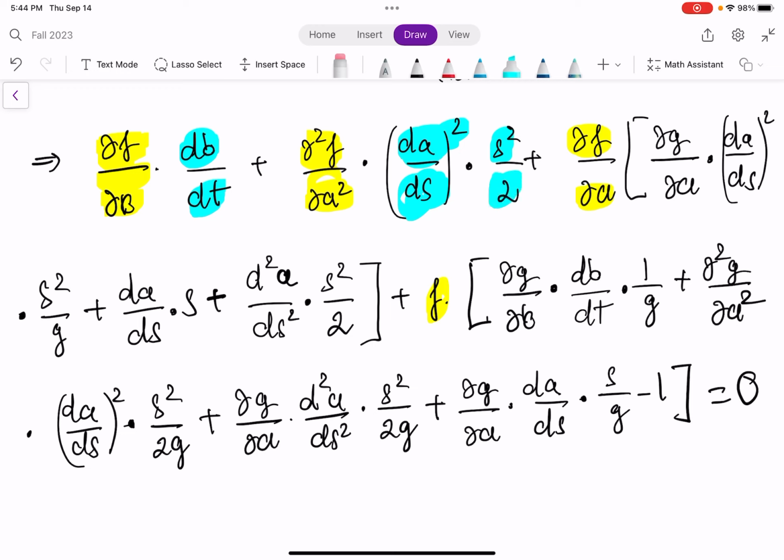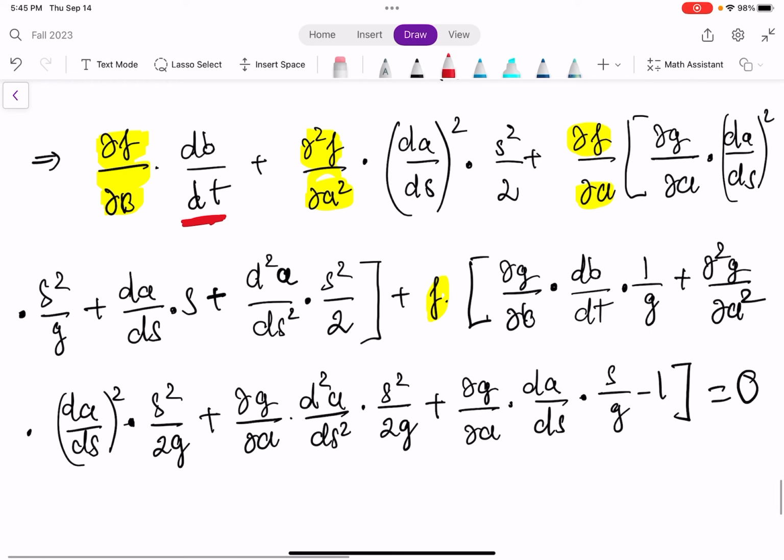Actually, let me try the underline. I think it's better. I just want to make sure I got everything correct. This is the coefficient for partial f with respect to b.